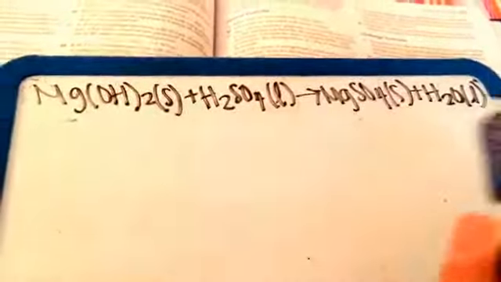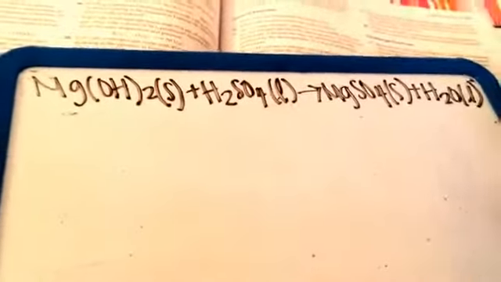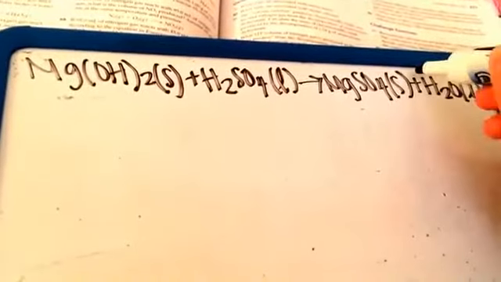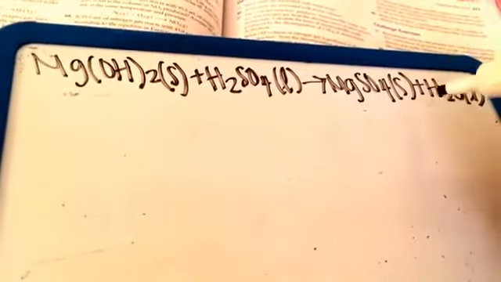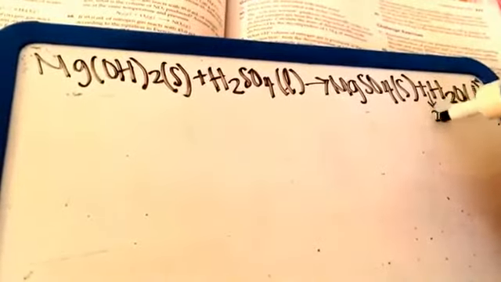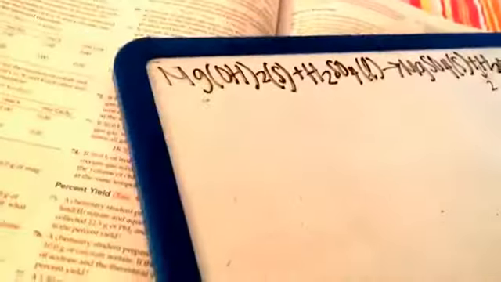So as you look, the thing that will balance it out is if I would add a 2 right next, a 2 here, and then it would be balanced. So we're gonna go ahead and figure out how to do this.